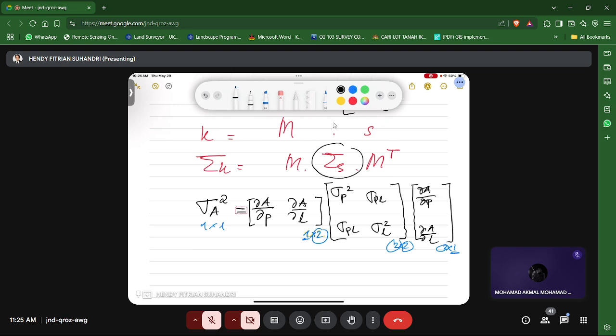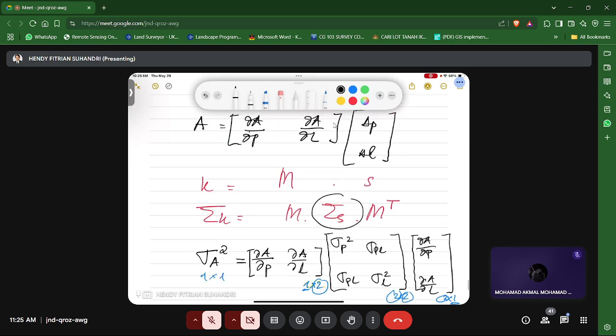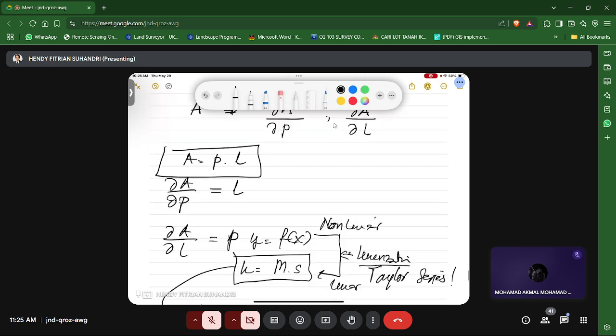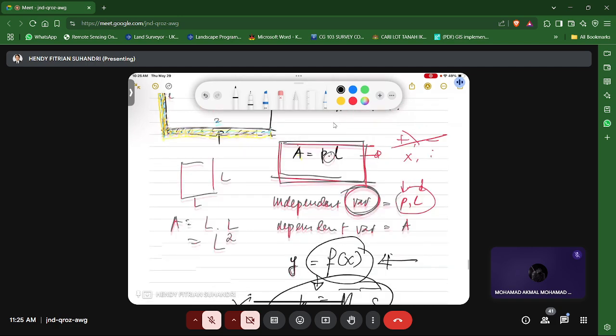Now, I get back to my equation. What is dou A over dou P? Dou A over dou P becomes L, and dou A over dou L becomes P. What is the numerical value?